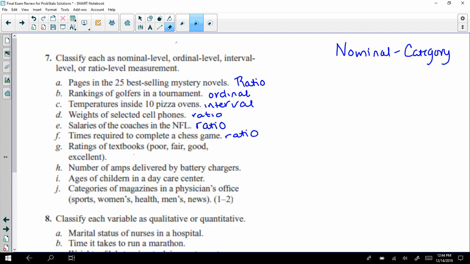Ratings of textbooks, that is ordinal because we're rating them, but we're not putting them in a category. Number of amps delivered by any battery chargers, I'm assuming that's ratio as well. Ages of children in a daycare center, very easy, ratio. Categories of magazines, categories easy, nominal.